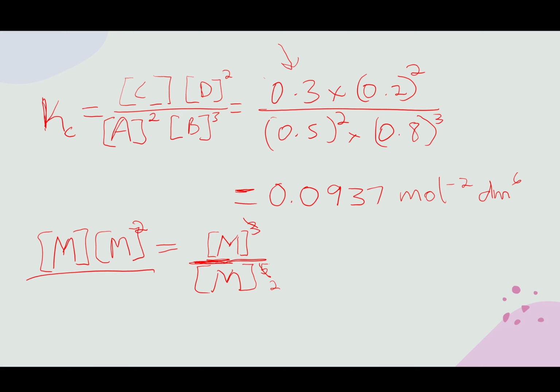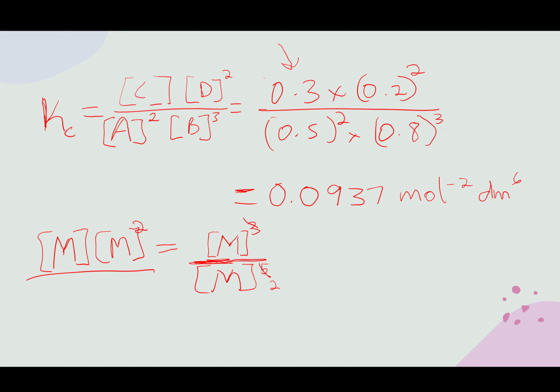Alright. Kc does have units, by the way, but Kp is the one that tends to not have a reported unit. It tends to be unitless. But Kc does have units. Overall, it tends to be moles per dm cube, but when you work out the units of K, then that's what you get.